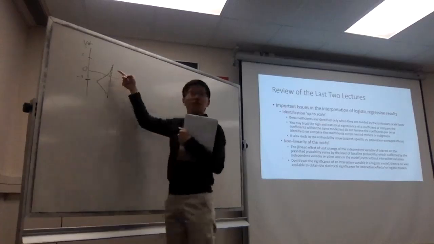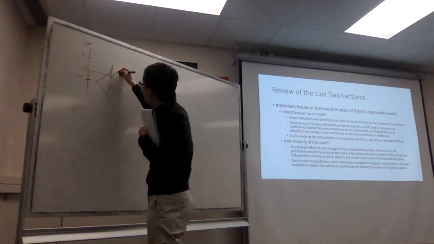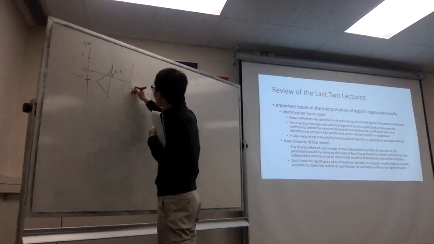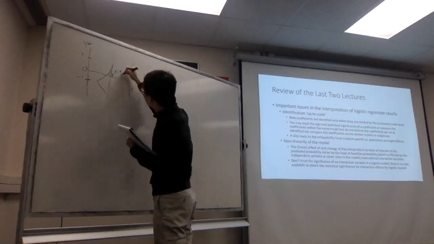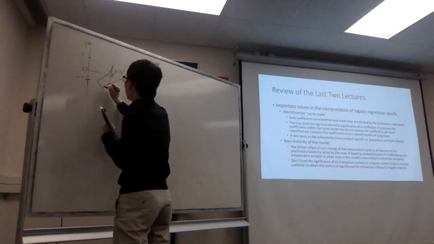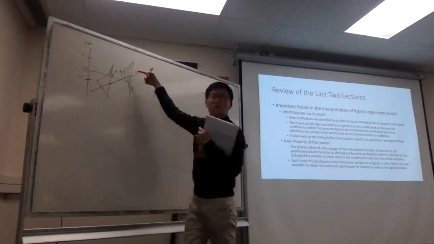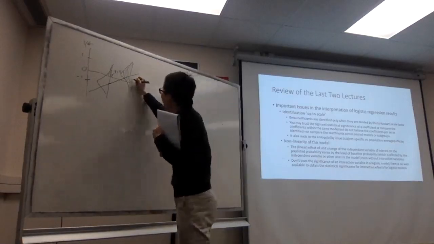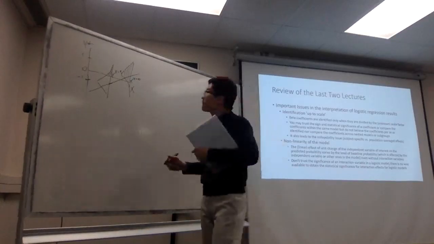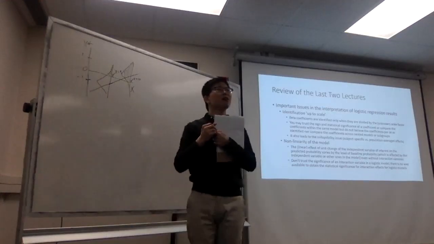This is the proportion of people who have 1 as the outcome, and x is 5. And this is the regression line. And this is the proportion of y equals 1 at x being 10. Right?